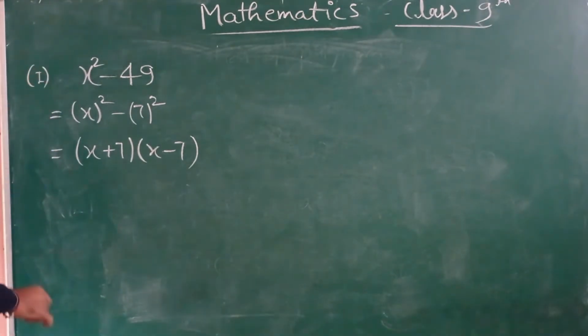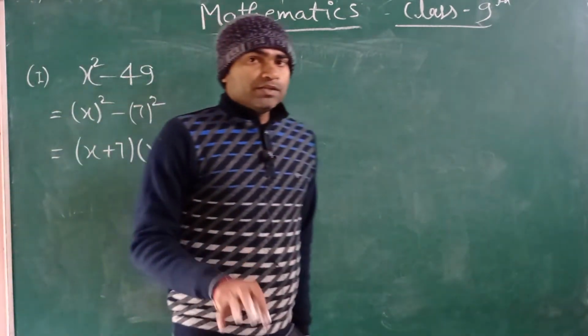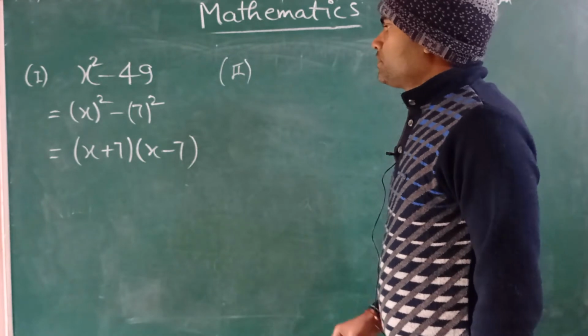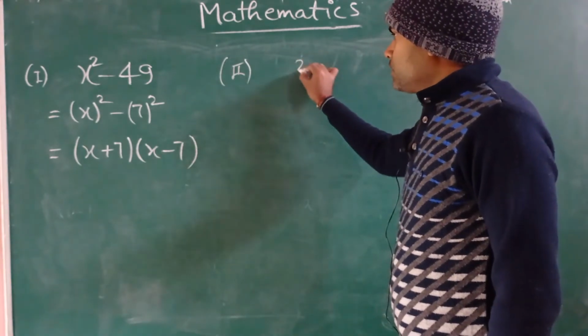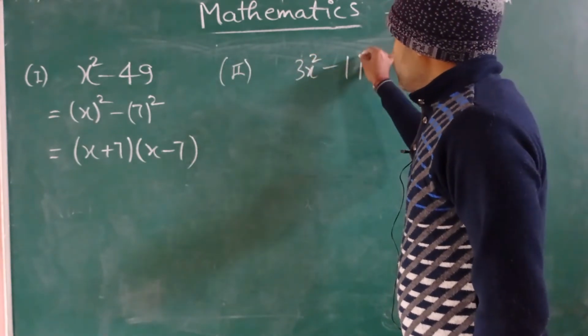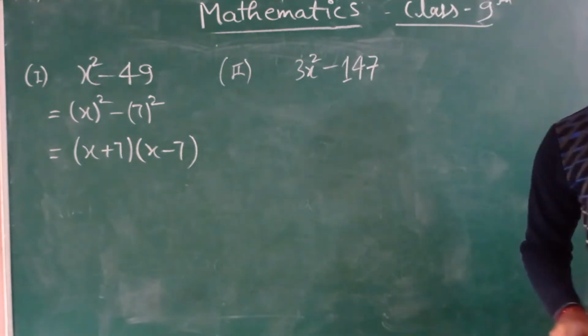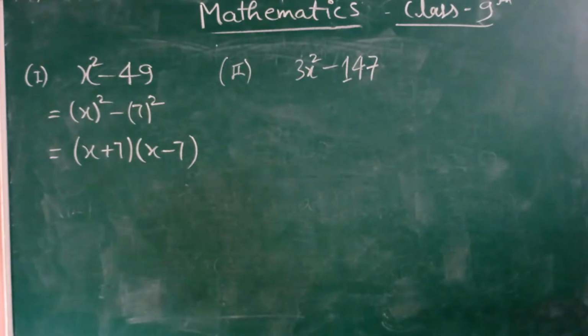This is the first problem. In this problem, it was easy to identify 7 square. In a similar manner, the question can be written as 3x square minus 147. It is also the same problem.